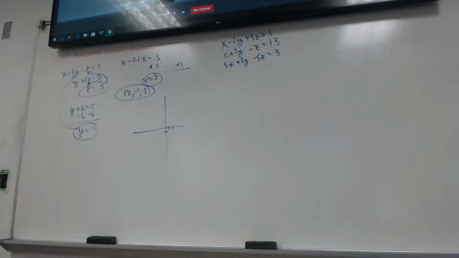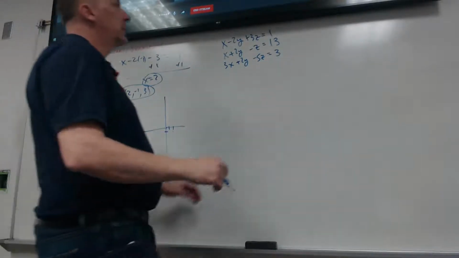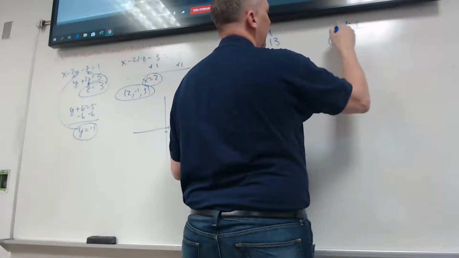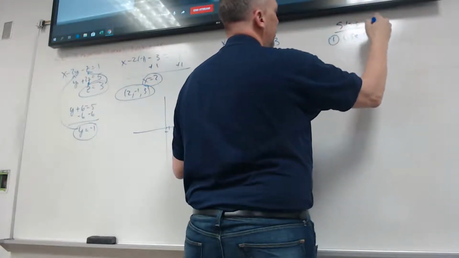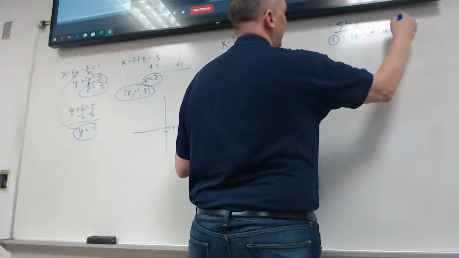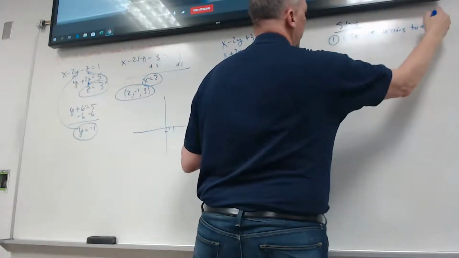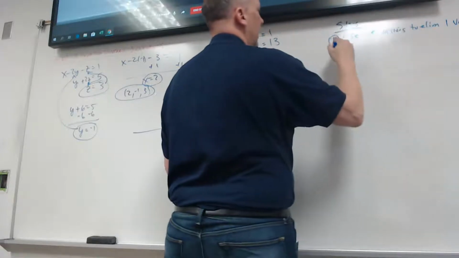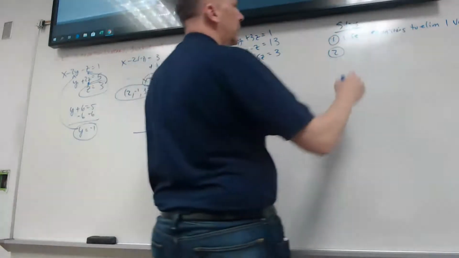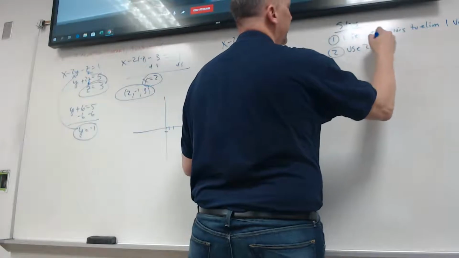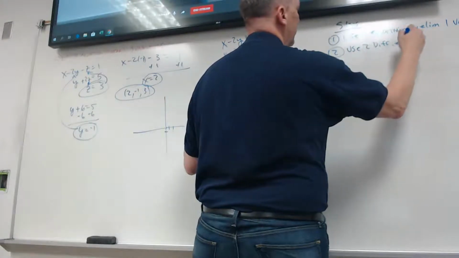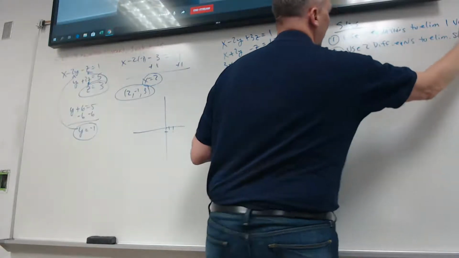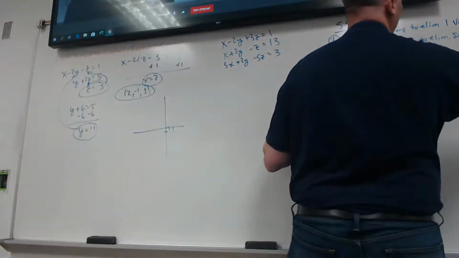But this one, okay, here's what I'm going to tell you to do for steps. Step 1: use 2 equations to eliminate 1 variable. And then step 2, use 2 different equations to eliminate the same variable again.